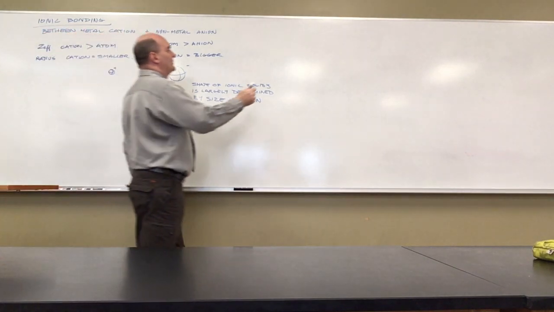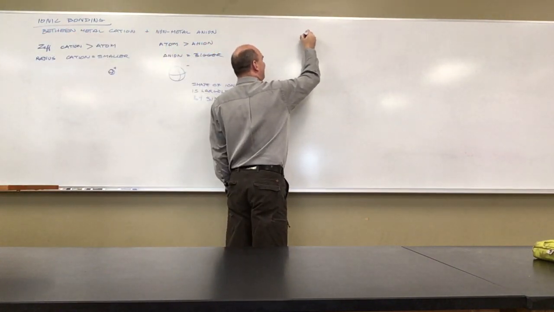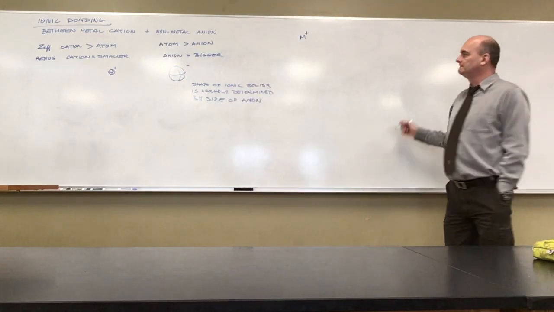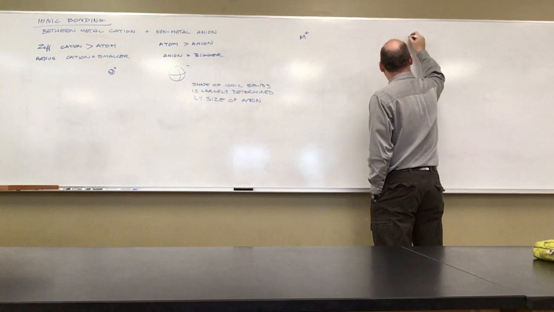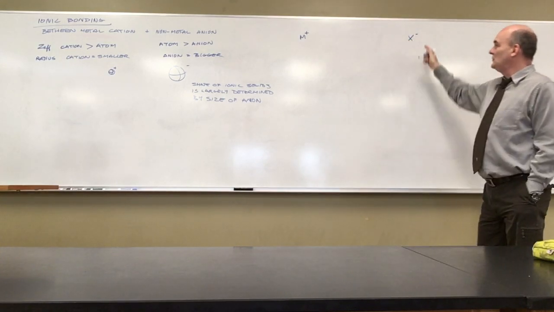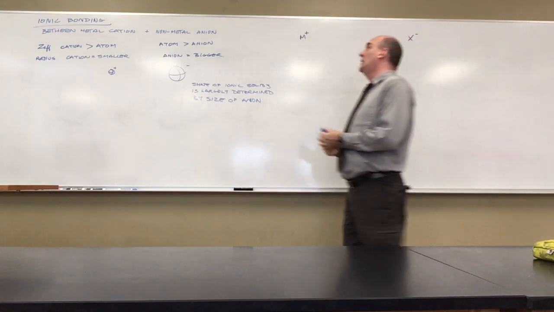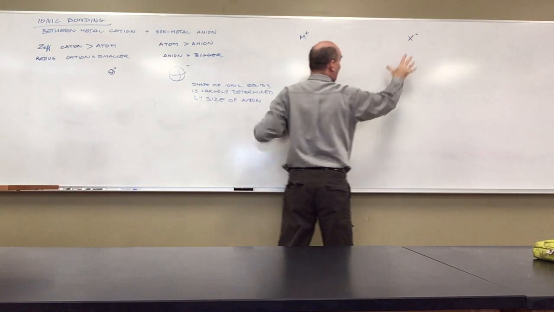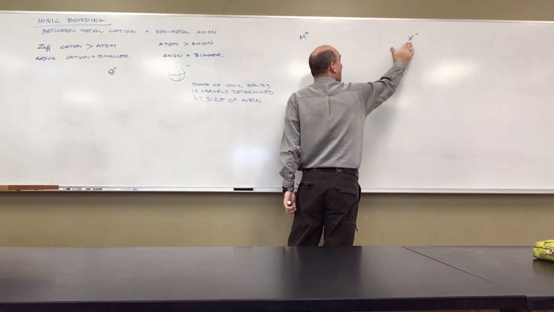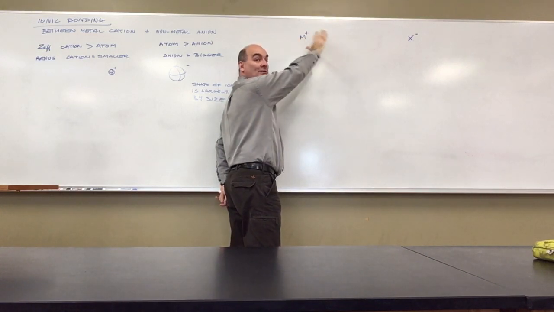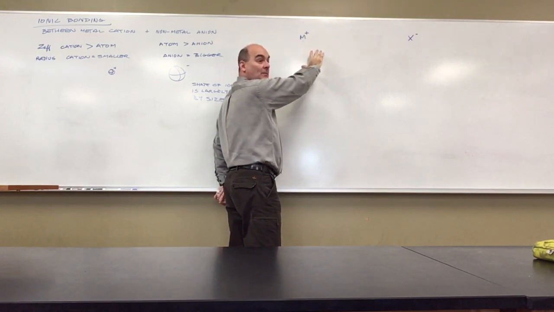All right, so I have a metal cation and I have a non-metal anion. And right now they're kind of a long way away from each other. They might be so far apart from each other right now that this anion cannot feel the electric field of this cation.